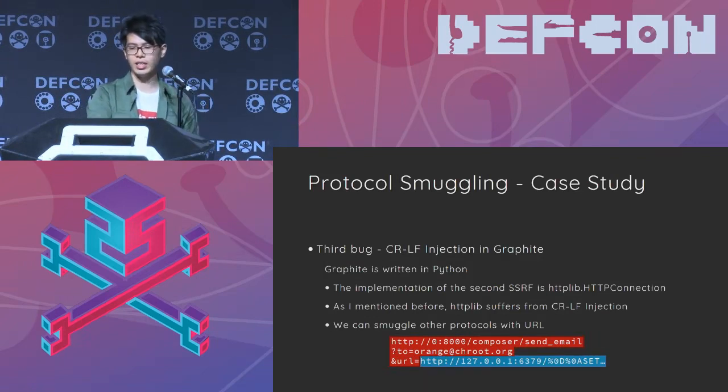As you can see, the implementation of the second SSRF is Python httplib. Earlier, we mentioned that httplib suffered from CRLF injection. So, with the CRLF injection, we have the ability to smuggle protocols in this SSRF execution chain.